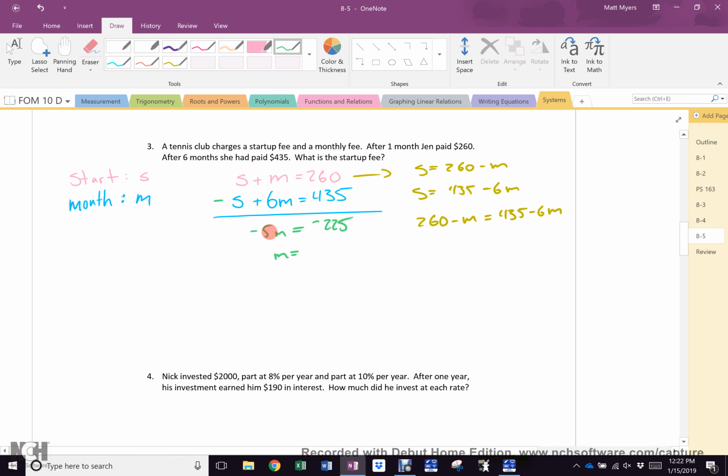It's 225 divided by 5. 45. So what is my monthly fee? Isn't it $45? If that is my monthly fee, what is my startup fee? So you do 6 times 45. Startup plus 45 equals 260. Startup equals 215.